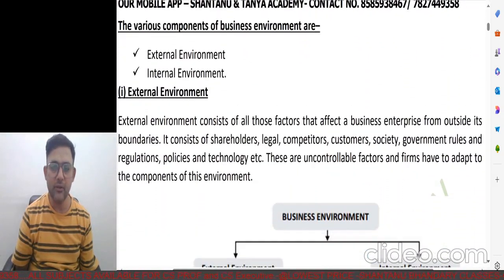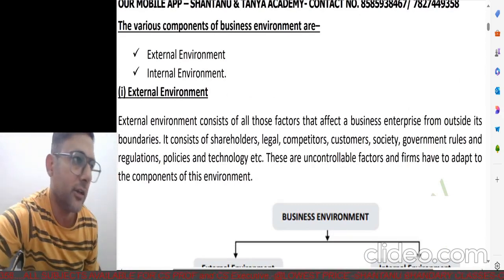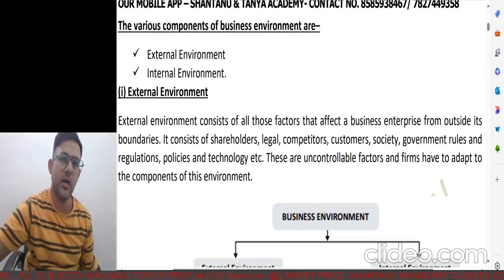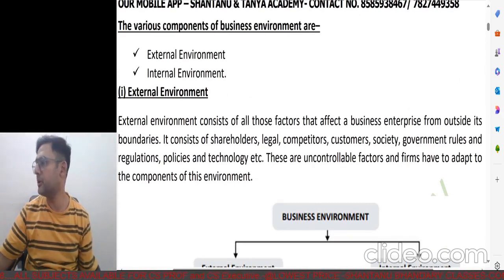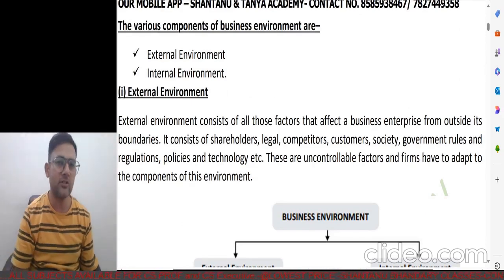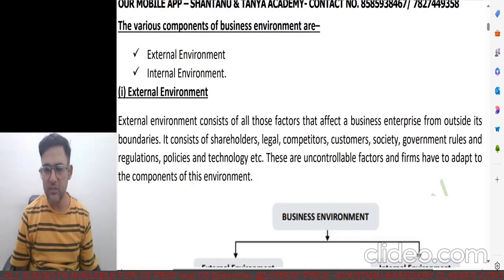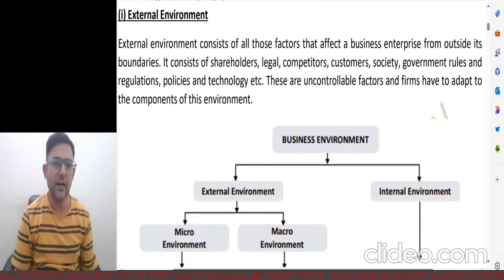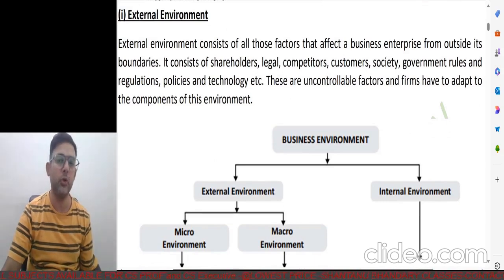The components are divided into two things. One is called internal, the other is called external, which I was talking about a bit earlier. External factors, as you would understand, are something which we can't really control, or don't have much control over. How would you control what a consumer will buy?